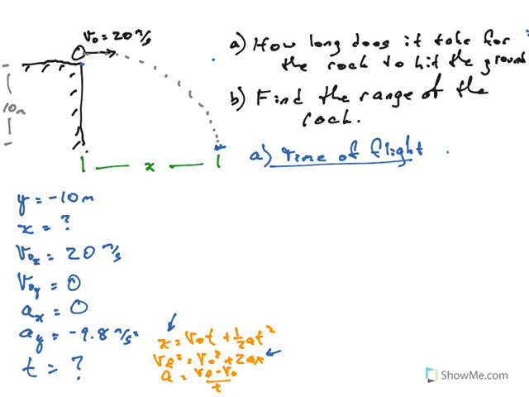So, I've gone through my little questioning. I know I'm going to use the first equation. I saw I couldn't use it in the x direction because I don't know the distance in x. But I could use the first equation in the y direction because I know all the information about y. So that's what I'm going to do. Now, when I do it, especially when I know someone's going to read my work, I put this little y. And that says the equation I'm about to use is going to be used for the y direction.